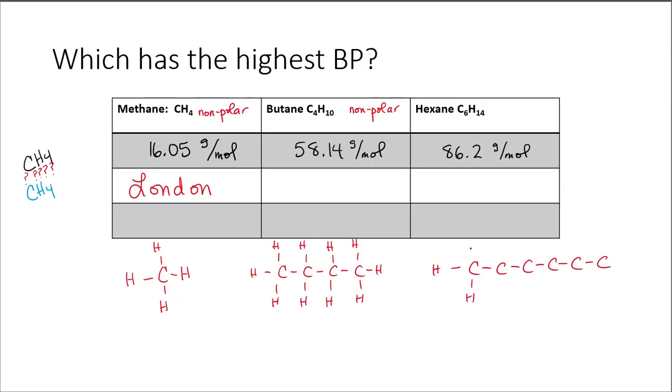And we've got hydrogens filling in all of the octets on each one of the carbons. So butane is a 4-carbon chain. Hexane is a 6-carbon chain. So the strongest intermolecular force present between two molecules of butane is the London force. And same thing with the hexane.